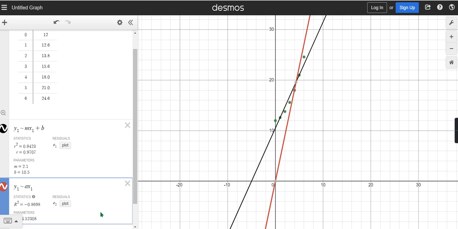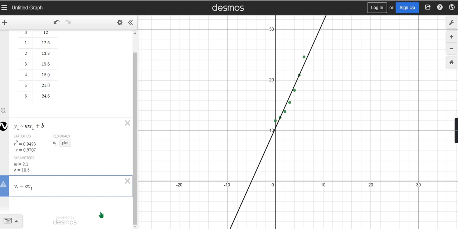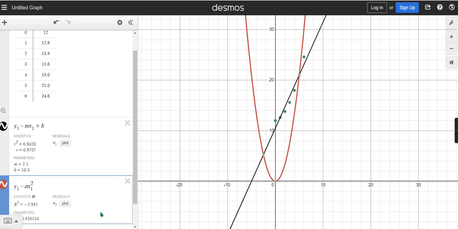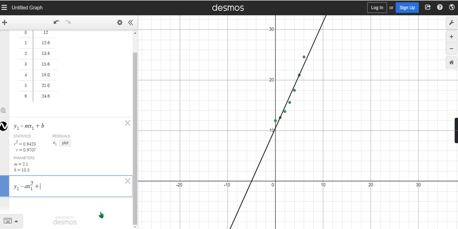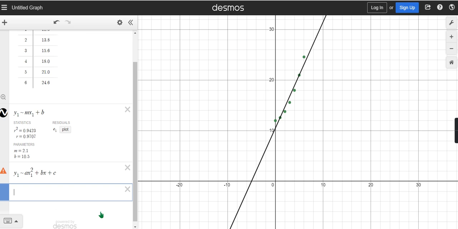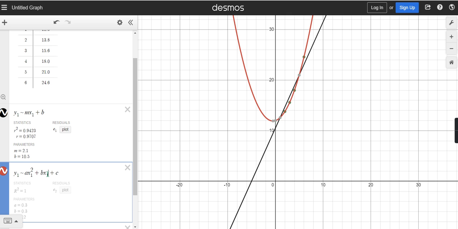To get a squared, it's shift 6 for that little caret sign, or accent circumflex in French, or some people call it a little hat, but it's called a caret. Then plus bx plus c. Okay, I'm going to hit enter. Oh, I didn't put x1.